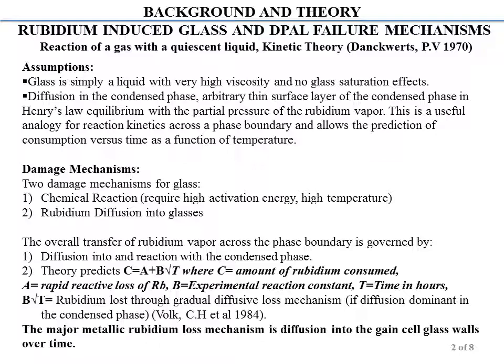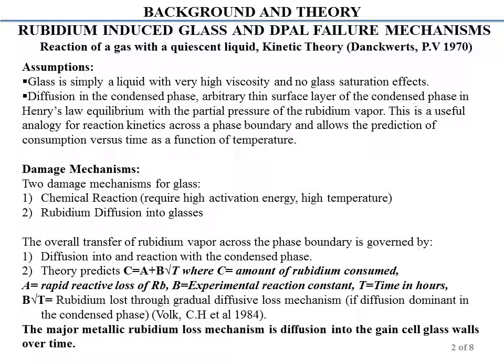Two damage mechanisms for glass are identified. Number one, the chemical reaction, which requires high activation energy and high temperature. Number two, rubidium diffusion in glasses. Both of those are known to be the dominant mechanisms for damage to glass in contact with rubidium vapor. The overall transfer of rubidium vapor across the phase boundary is actually governed by diffusion into and reaction with the condensed phase.